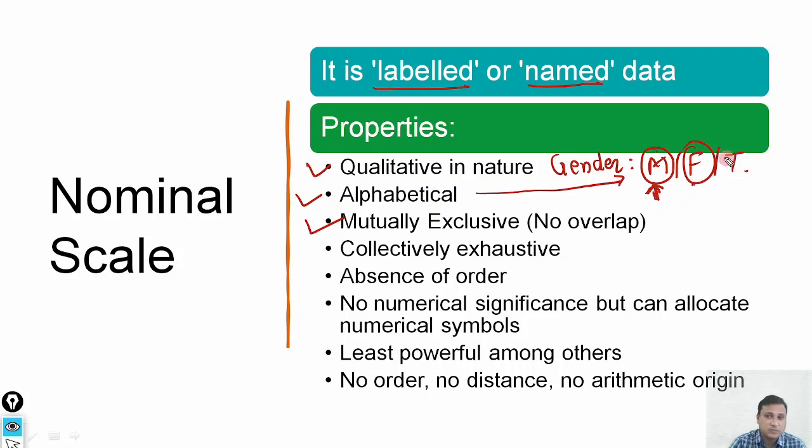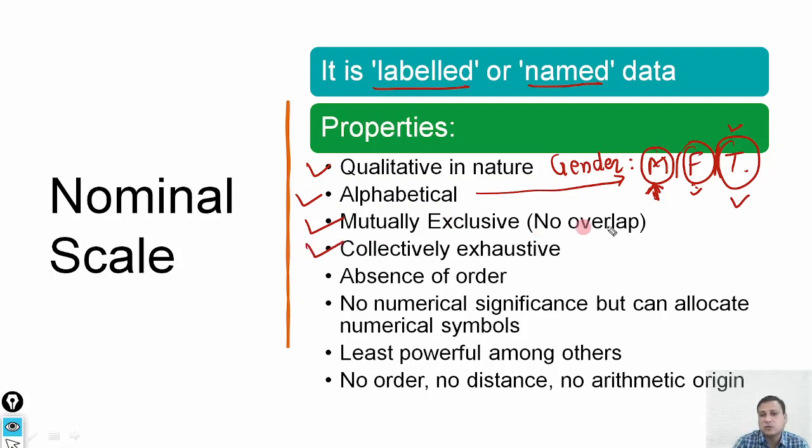If someone says that he or she is transgender, at the same time he or she will not opt for this. He or she will have to opt for any one of these, that is called mutually exclusive. There is no overlapping in such kind of data or scale.